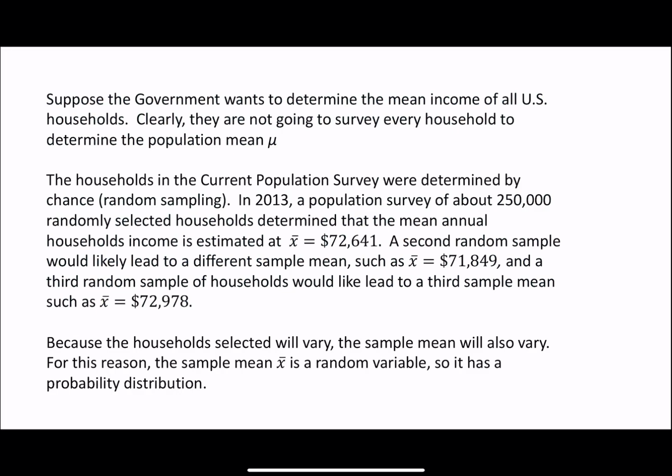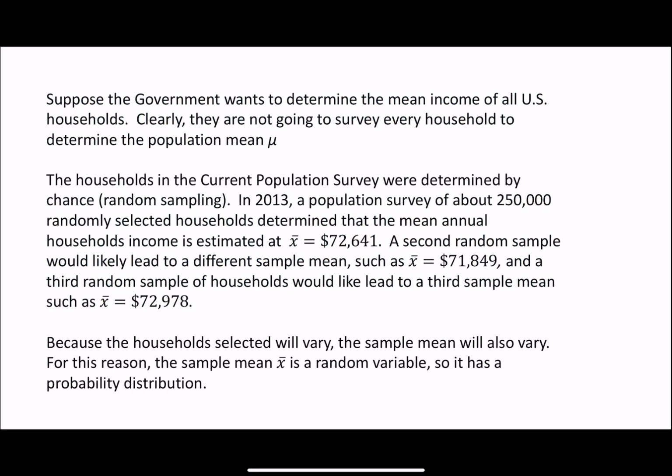Or instead, they can take those three sample means, 72,641, 71,849, and 72,978, and take the average of those. They would get the mean of those means, and that mean of means would be more accurate.